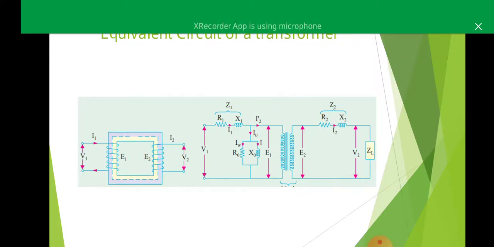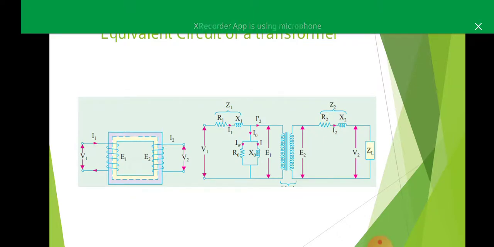X1 is the primary reactance due to leakage flux, I mu is the magnetizing component of I naught and I w or Ic is the core loss component of I naught.